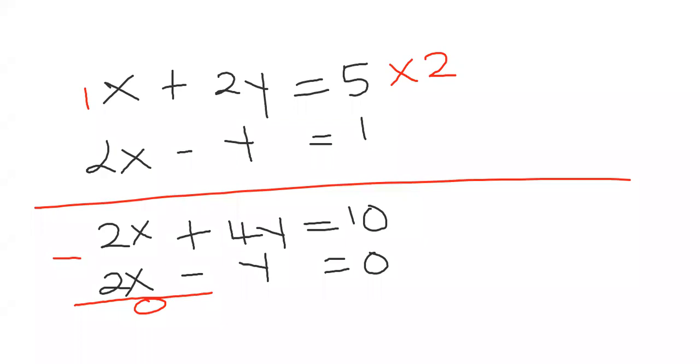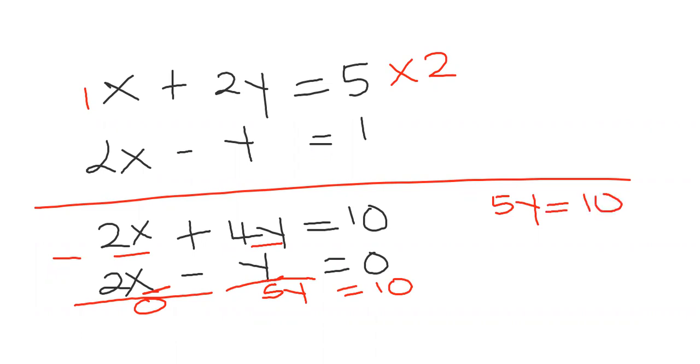The next thing that you have to subtract is 4y minus negative y, and 4y minus negative y is going to give us 5y. Then 10 minus 0 is going to give us 10, which means our equation now reduces to 5y is equals to 10.